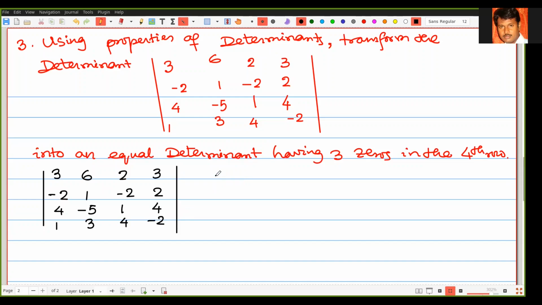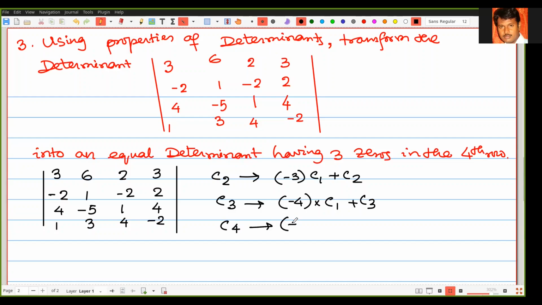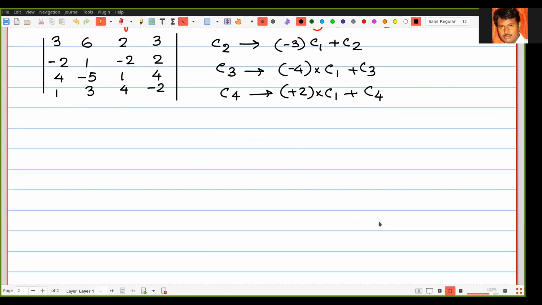Now the operations we are proceeding with: C2 becomes minus 3 into C1 plus C2, C3 becomes minus 4 into C1 plus C3, and for C4 that is plus 2 into C1 plus C4. So now the determinant becomes like this: the first column is remaining the same.